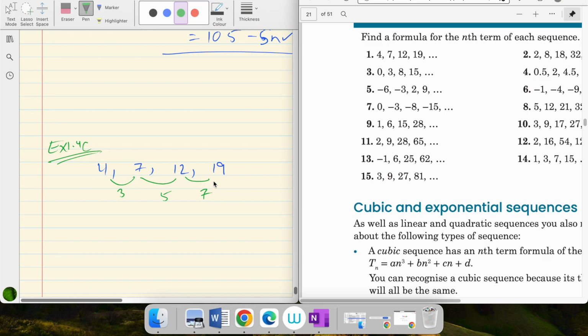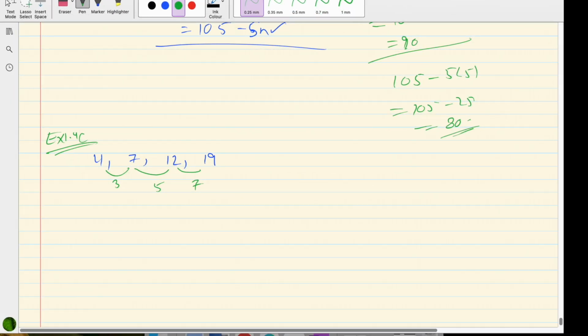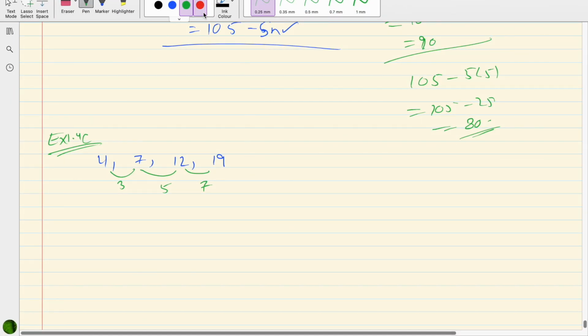Okay, 4, 7, 12 and 19. So you see this is not linear. This is 3, 5, 7. And then the difference is 2 and 2. When you get the second difference constant, we follow this. Tn is equal to an square plus bn plus c.